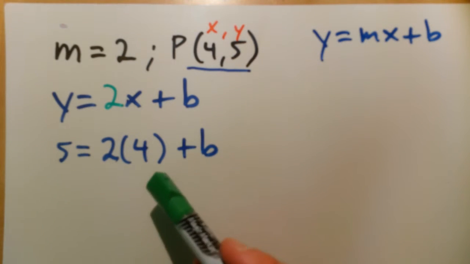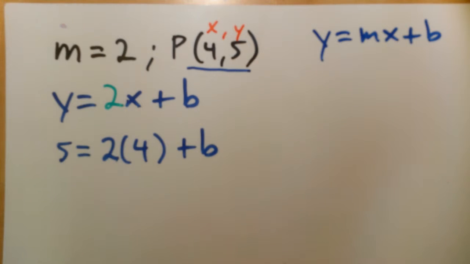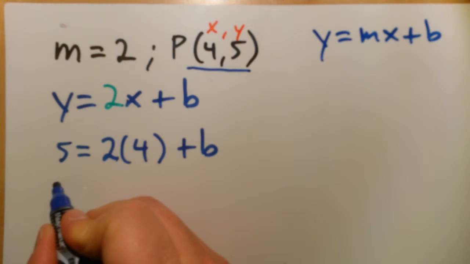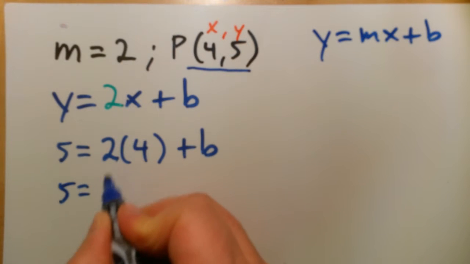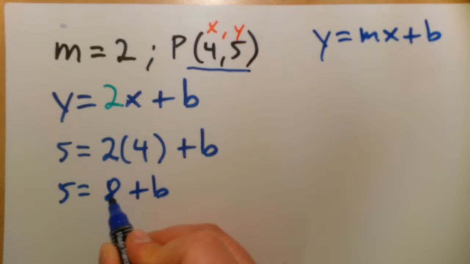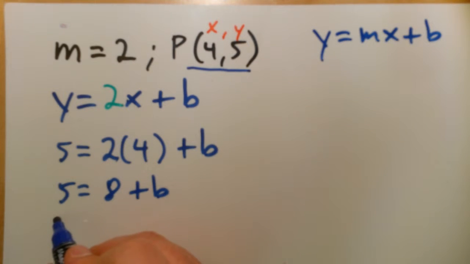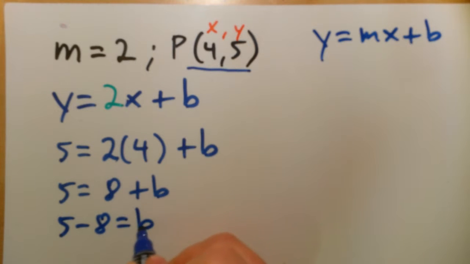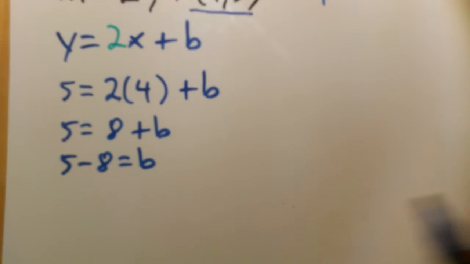And now let's expand this and solve for b. So on this side we end up with 5 equals 2 times 4, 8, plus b. Now let's move the 8 to the other side. So we end up with 5 minus 8 equals b, which means b becomes -3.